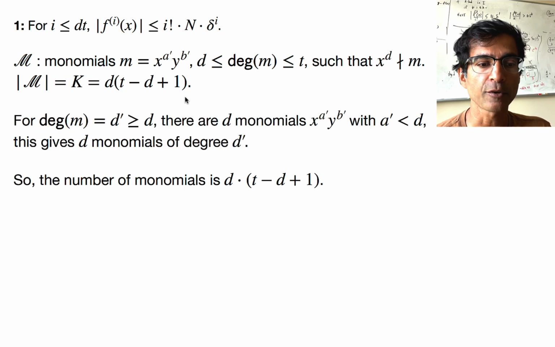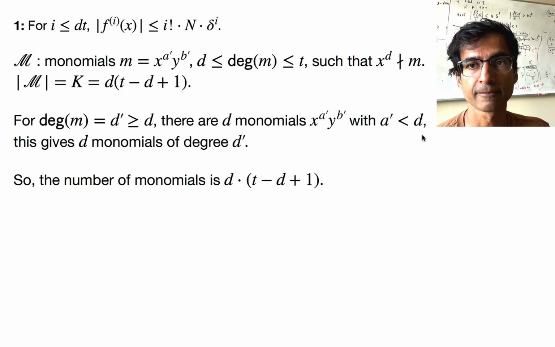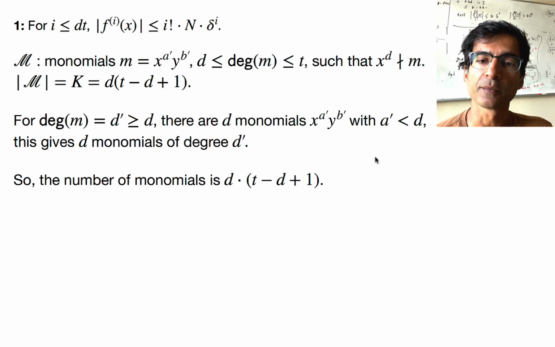And that's a straightforward count because for every d prime that's at least d, there are exactly d monomials. They are the monomials that have total degree d prime and a prime is less than d. There are d such monomials. So the number of monomials is what I claimed.